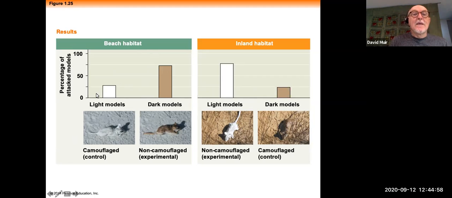In the beach habitat, just over 25% of their models were attacked. And when you look at the dark models, nearly 75% of the dark models were attacked. In the inland dark habitats, they looked at the non-camouflaged, and they saw that the light ones against the dark background were predated. More than 75% of them had been predated. About the same percentage, 25%, of the camouflaged were.